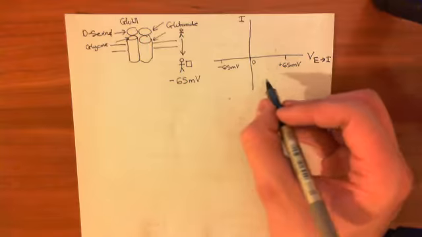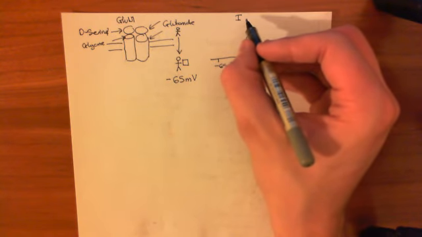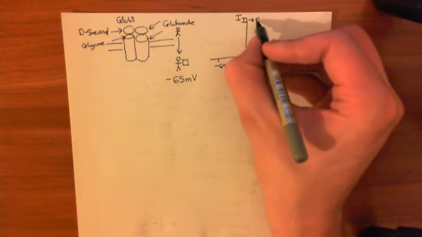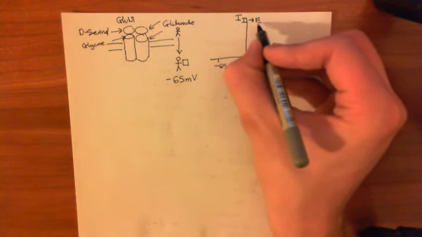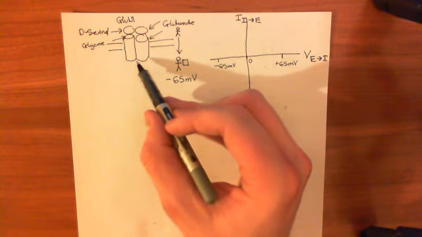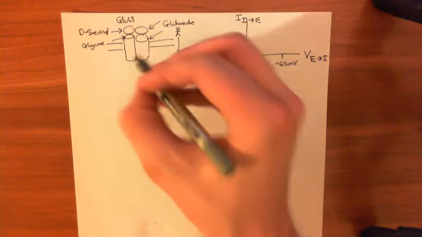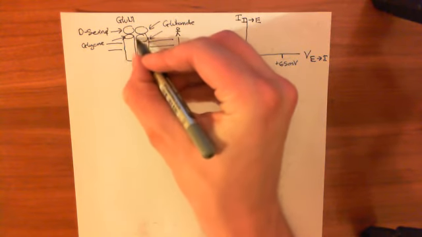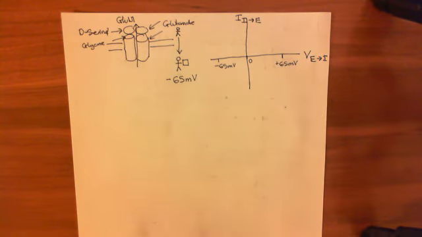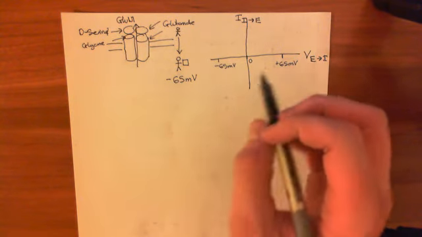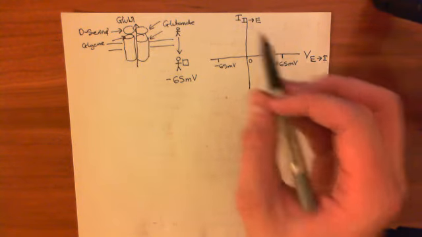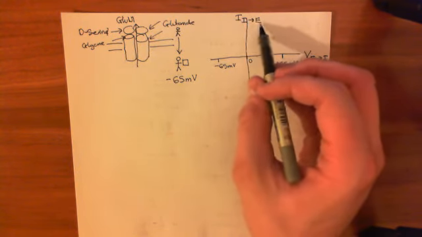What we're going to plot is current, and what I mean by current is current from the intracellular compartment to the extracellular compartment. So current means how much charge is passing through this NMDA receptor per second. And we're talking about how much charge is moving from the intracellular to the extracellular compartment. Now you might be wondering, why are we measuring voltage from extracellular to intracellular and measuring current from intracellular to extracellular?